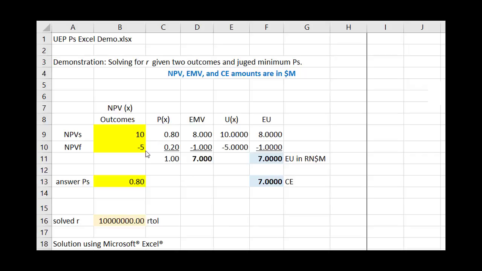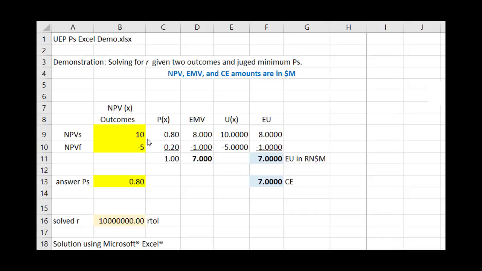These are millions of dollars in PV, and our EMV and certain equivalents will also be in millions of dollars. The utility column and the expected utility column are in risk neutral dollars, millions, and we'll convert back to real dollars, certain equivalent, once we have expected utility.